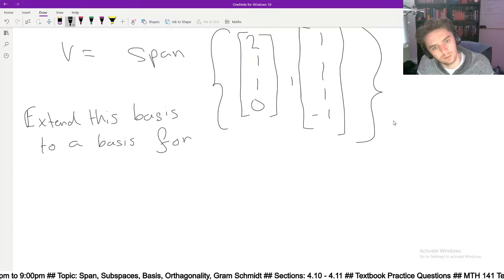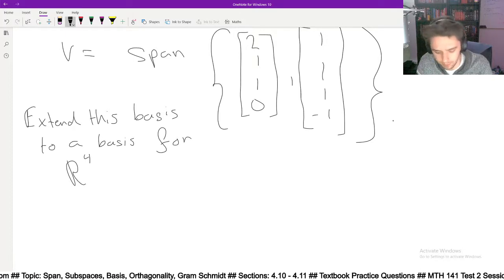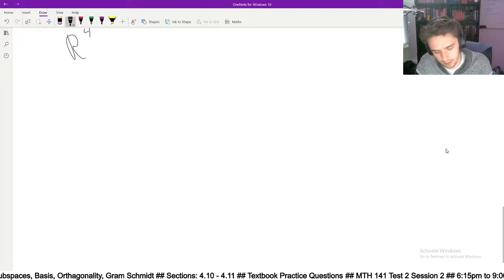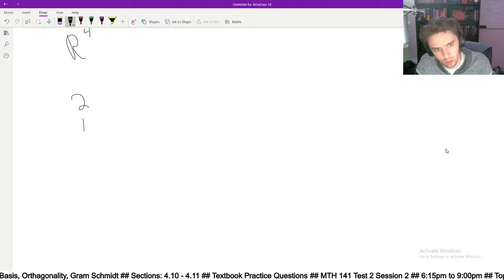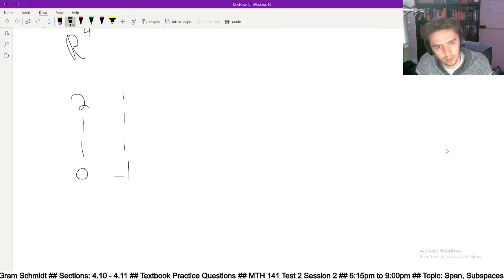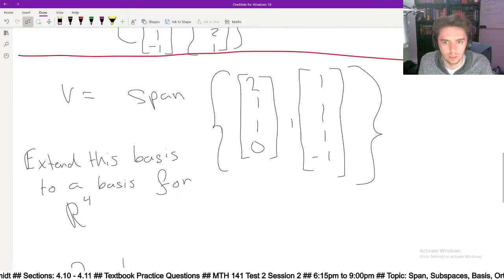Okay, basis for R4. To do that, you're going to take the first two vectors, so (2, 1, 1, 0) and (1, 1, 1, -1), right? So that's these two vectors.